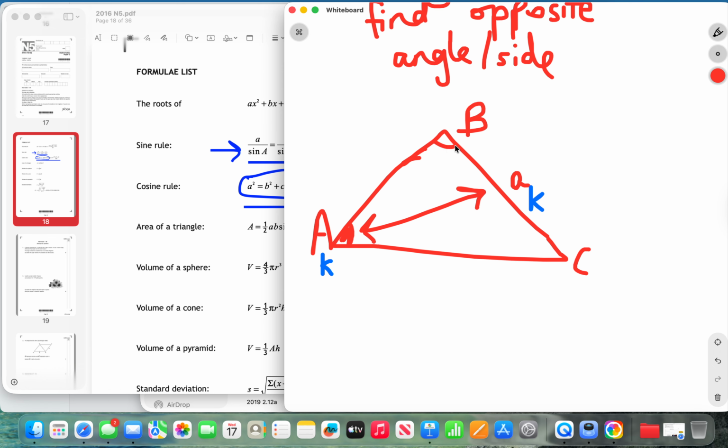Suppose we know this angle. We write that it's known, and we could use the sine rule to find the side B, which is opposite. Alternatively, if we know the side B and we want to find the angle B, again the sine rule is used.